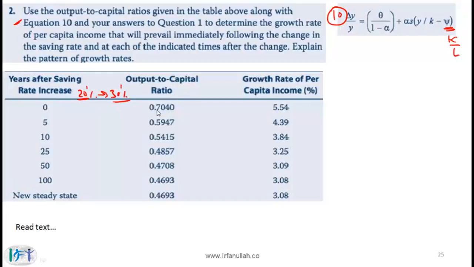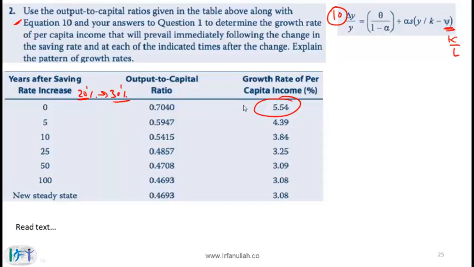Notice that this initially is still 0.7040, so this doesn't change immediately. But the growth rate of per capita income actually increases to 5.54%. This is because the sudden increase in saving results in rapid capital accumulation.